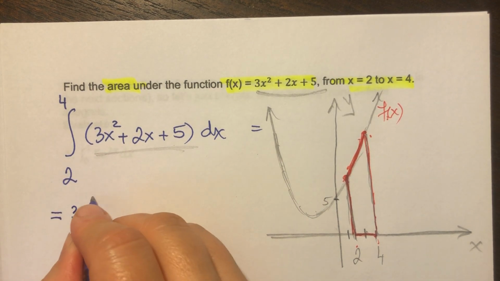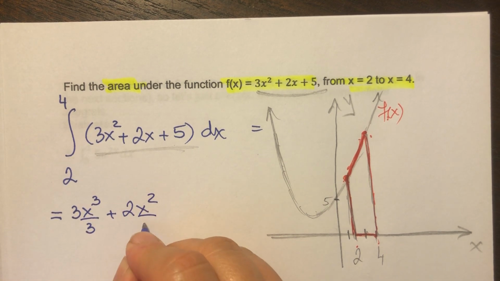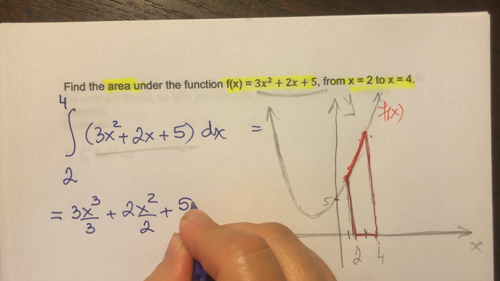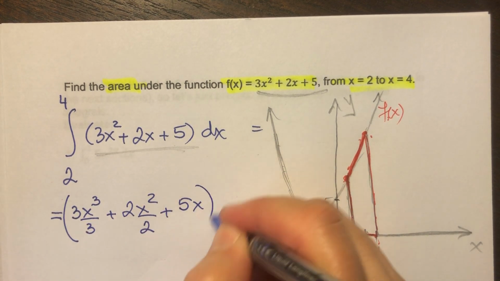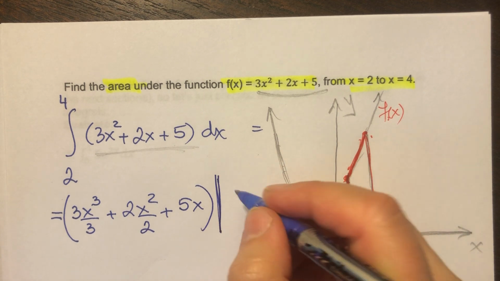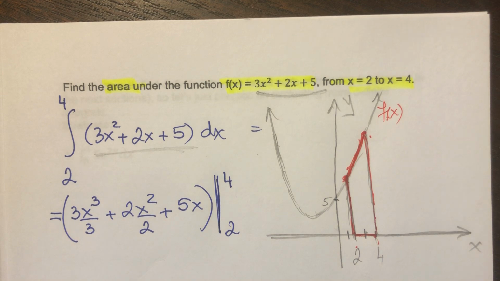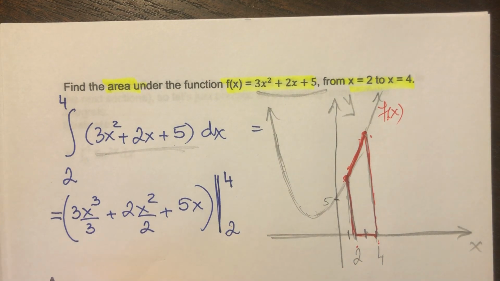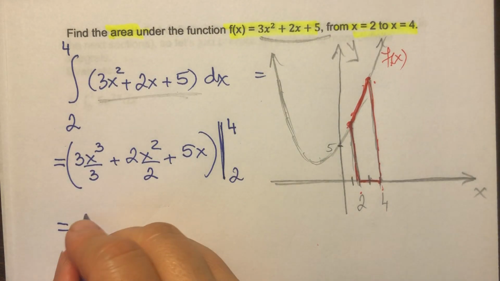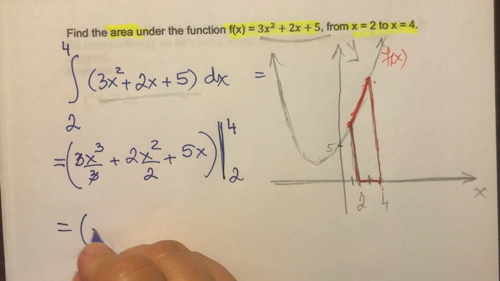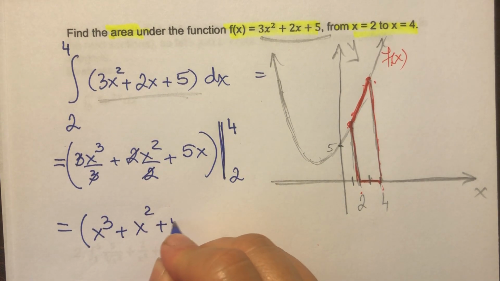It's 3x to the third over 3 plus 2x to the second over 2 plus 5x. And again, remember, plus some constant k, except you don't need to worry about that constant when you find definite integrals. Why? Because we're going to throw in some values in it. Okay, I'm going to simplify this a bit more. It just makes computation easier. So that's really an x cubed plus an x squared plus 5x.